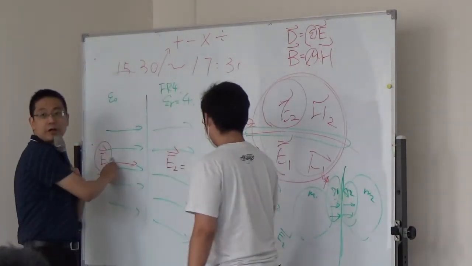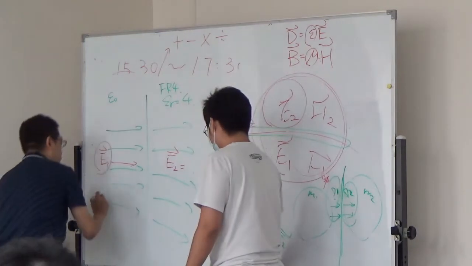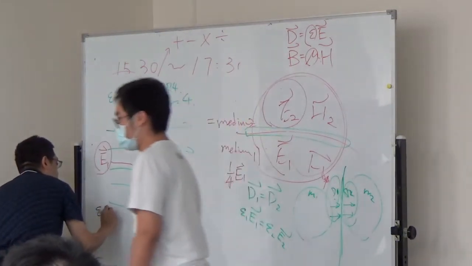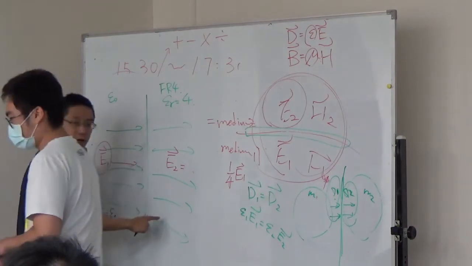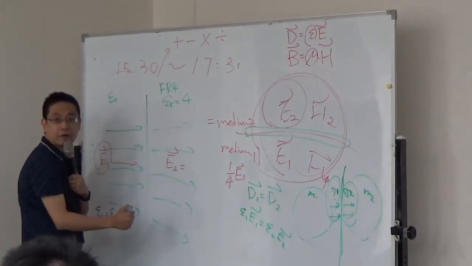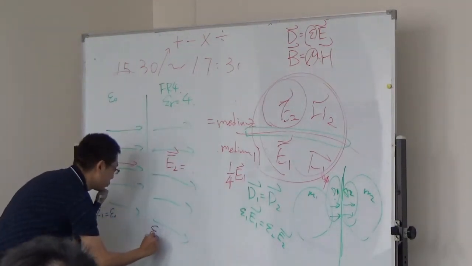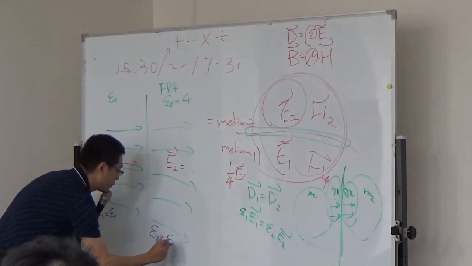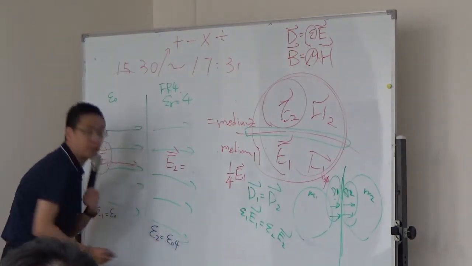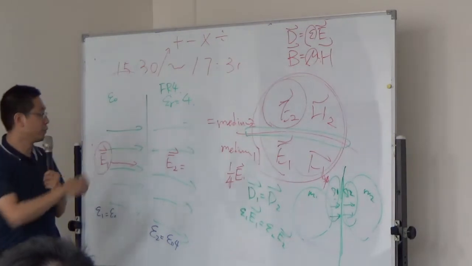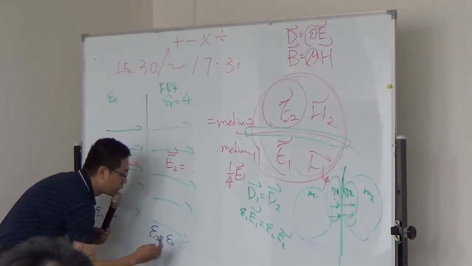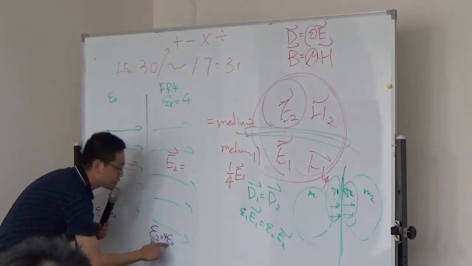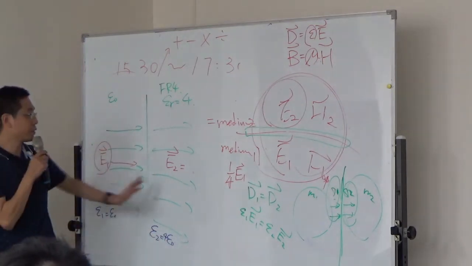For this material it is air, so epsilon 1 equals epsilon 0. For this material it is FR4, so epsilon 2 equals epsilon 0 times 4. Do you want to revise your answer? So this is 4 times epsilon 0 for this material.